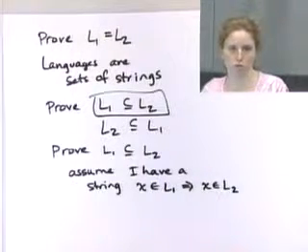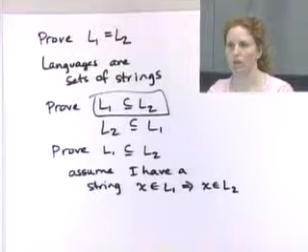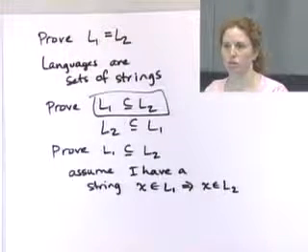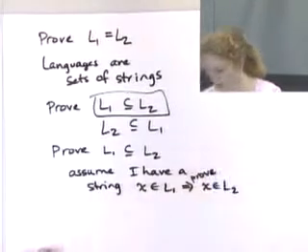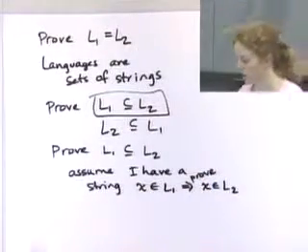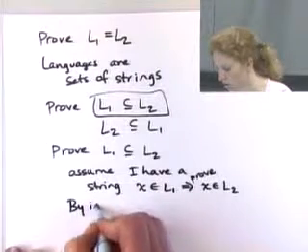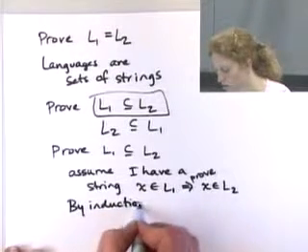If I get a random string, and if it's in L1, then it has to be in L2. So this is what I'm proving. I'm proving this implication right here. So I want to do it by induction on the length of X.